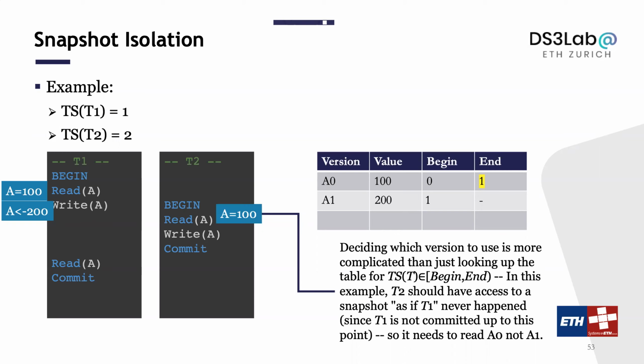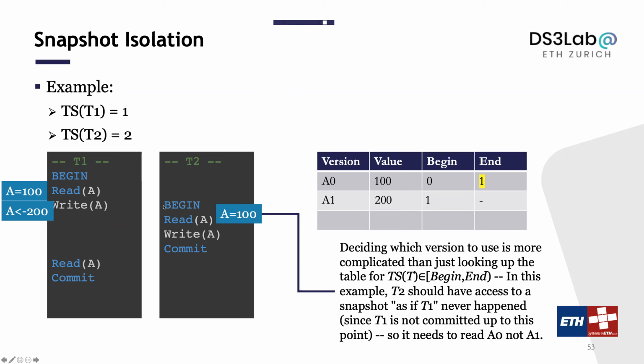And when T2 reads, where should T2 read? Think about this. Where should T2 read? In this case, T2 should read A0. Why? Because whenever you are creating the transaction T2, you create a snapshot. And here, when T2 begins, you haven't updated this yet. When T2 begins, T1 hasn't committed yet.